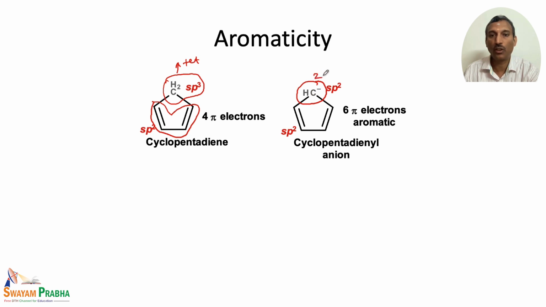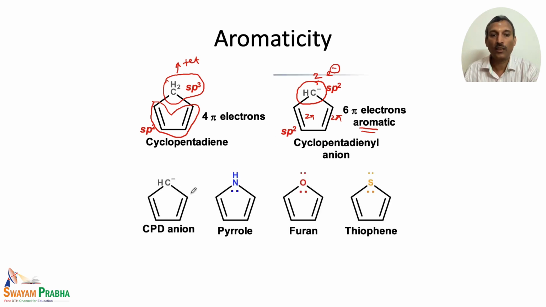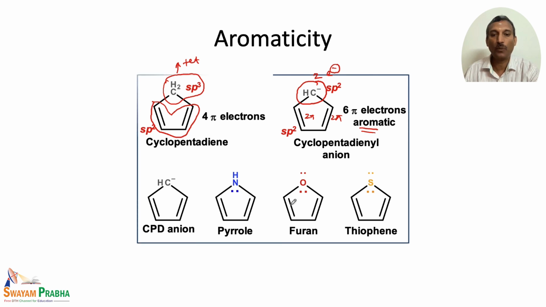So, this will contribute 2 electrons, and there are 4 electrons from the 2 pi bonds. So, 2 plus 2 plus 2, total we have 6 pi electrons, and this cyclopentadienyl anion is now going to be aromatic in nature. Similarly, if we compare the same with pyrrole and furan, we have already seen these 3 systems are also aromatic in nature.